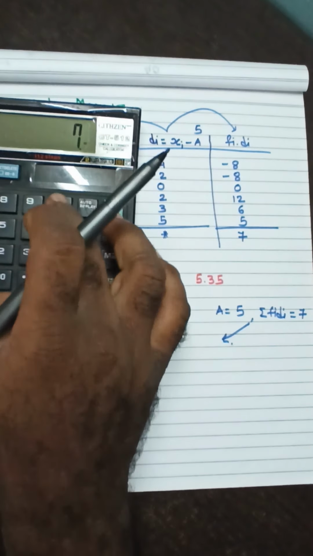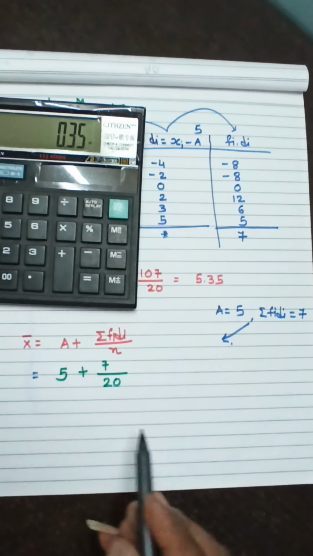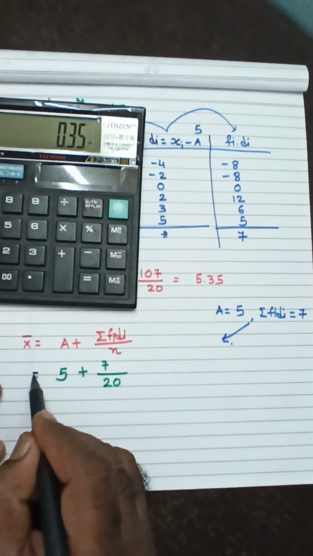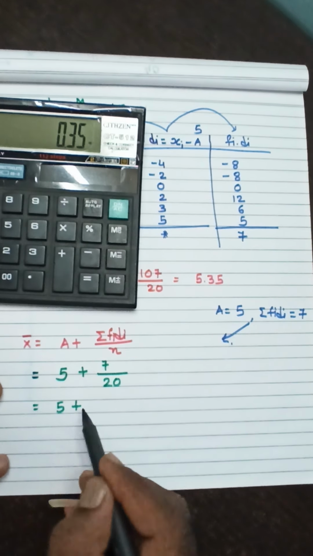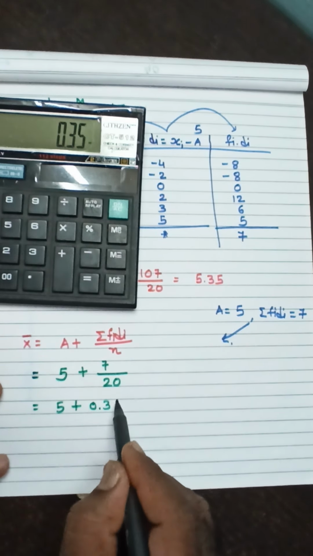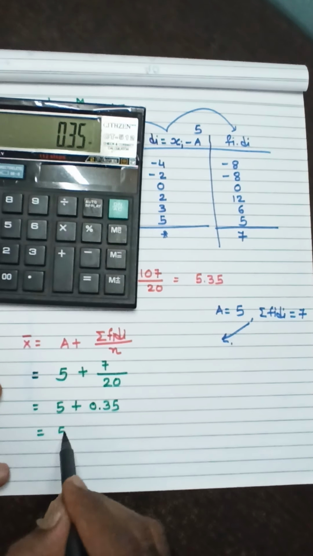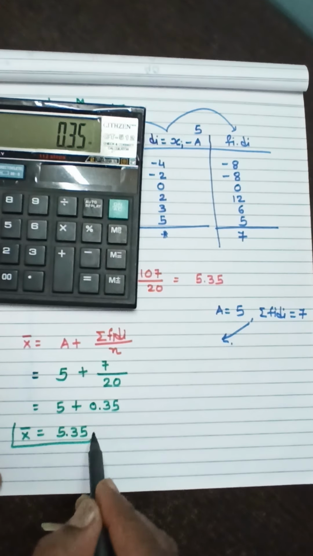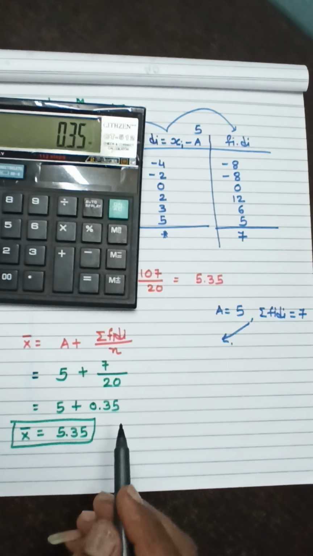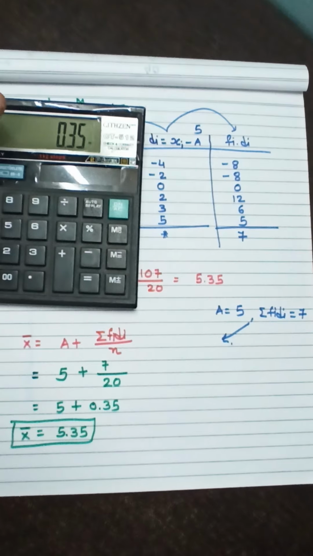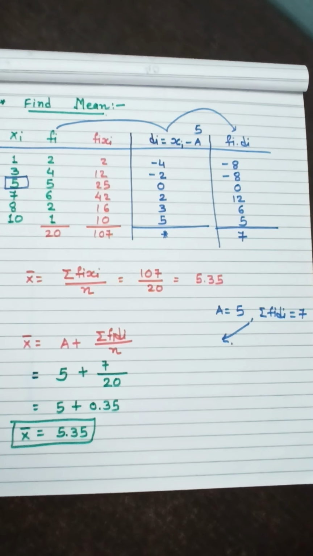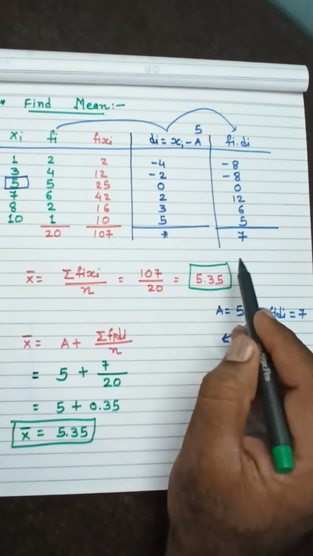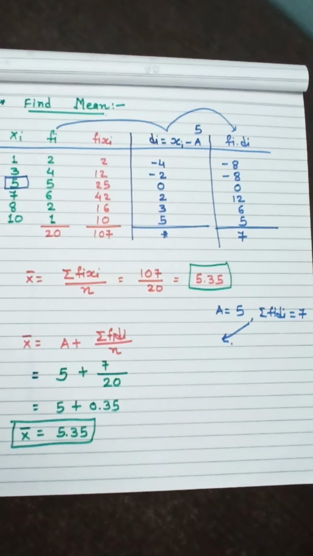Now 7 divided by 20 is 0.35. 5 plus 0.35 is equal to 5.35. This is our x bar. By both the methods, the answer will remain the same.